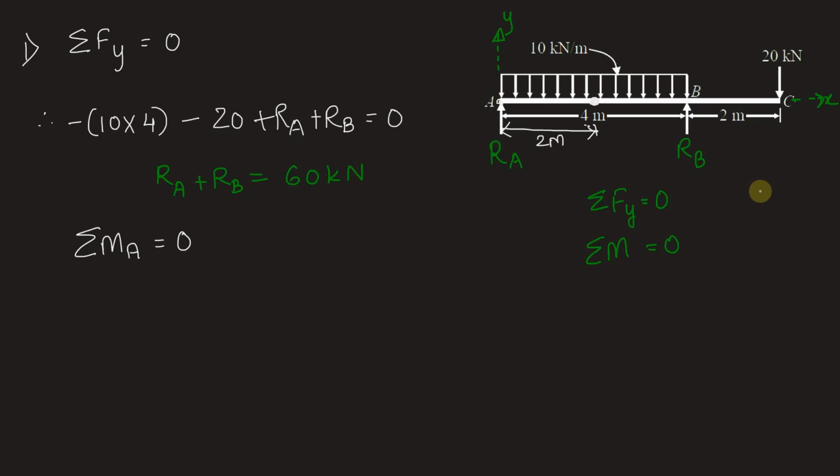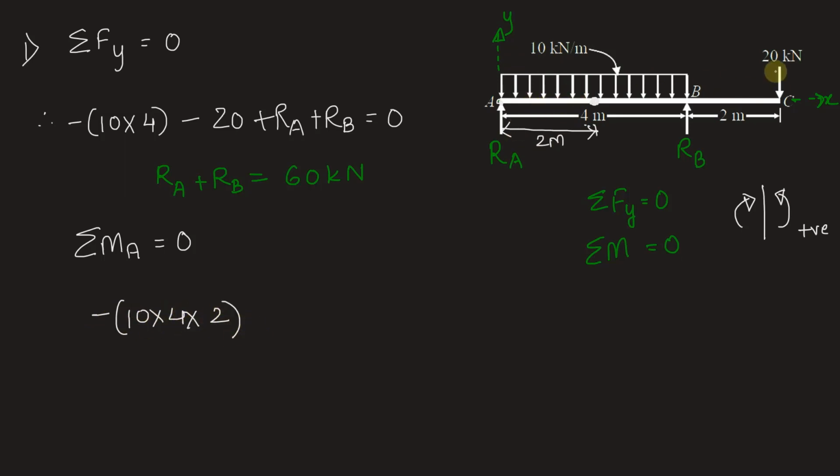So we will assume the sign convention as sagging is positive. These are sagging moments, these are positive, and that is why when we are on the right side of the section, we are taking this moment from right side, clockwise is negative, anti-clockwise is positive, so clockwise is negative, hence we can do minus 10 into 4 into 2.